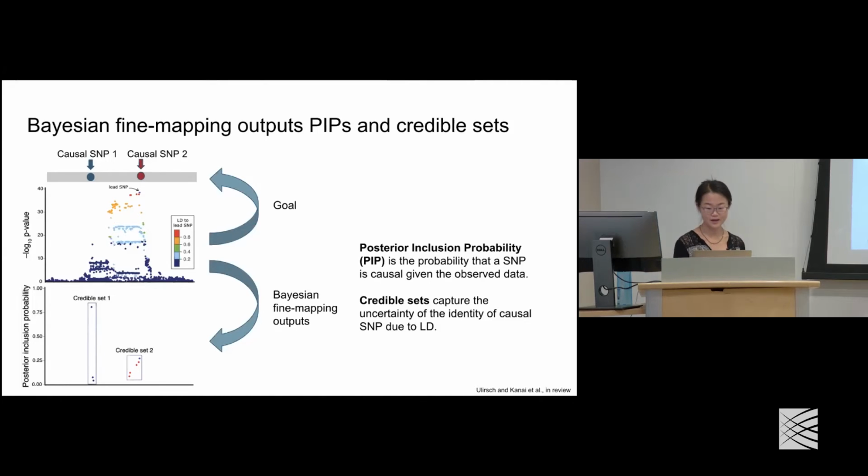And even though that's a more common way to define it, this new way of defining credible set, I think invented by the SuSiE method, is the way that I prefer to think about credible sets. So this is what I'm presenting to you. But if you are trying to interpret some fine mapping result, just be careful which method they are using and what the definition of credible set is for that method.